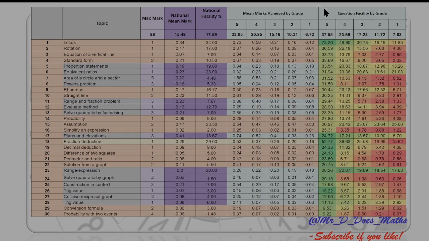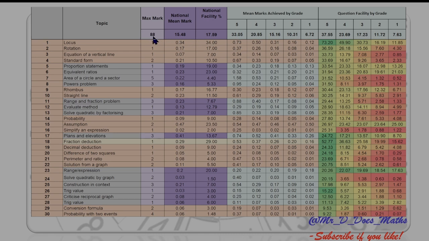So the facility by grade. And for some reason, this 73.2 is green, and then the harder ones are green as well. Which isn't a particularly useful thing. The color coding threw me out completely there. So you can see that they range from 73.2 up to 9.22, which is the question facility by grade for students that were aiming for a grade 5.